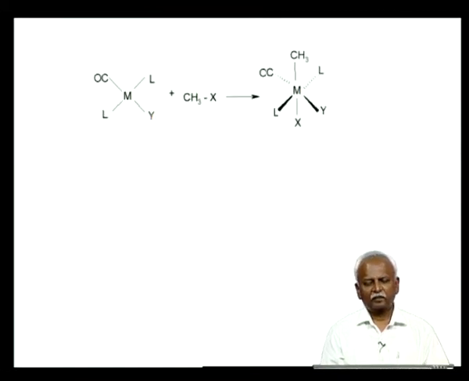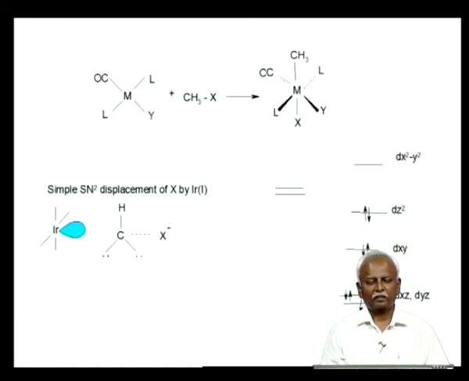The second thing that we note is that if this is in fact occurring through a collision of these two molecules, we can talk about the reaction as if it is a reaction of the iridium 1 as a nucleophile displacing the X group on the methyl group.